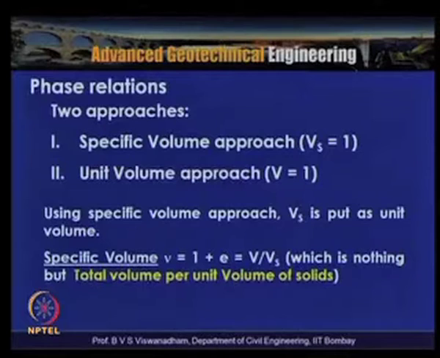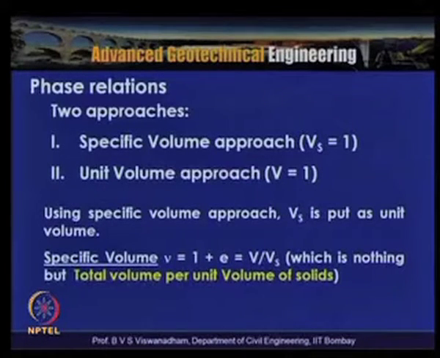There are two approaches. One is called the specific volume approach, in which the volume of the solids is set as 1. The unit volume approach, which is sometimes also very convenient, assumes V is equal to 1. These approaches are used if the volume is not known.